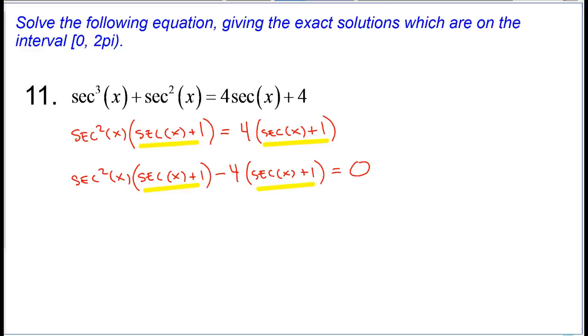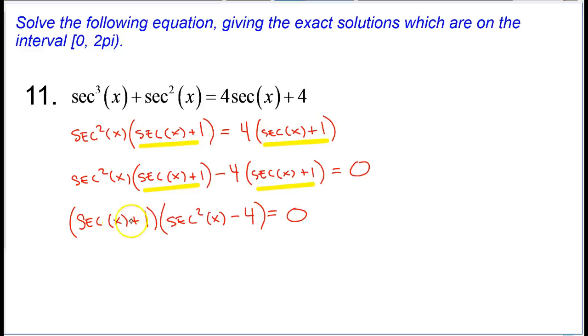So when I factor again, I'm going to take secant of x plus 1 as one factor, and then the other factor will be secant squared of x minus 4.